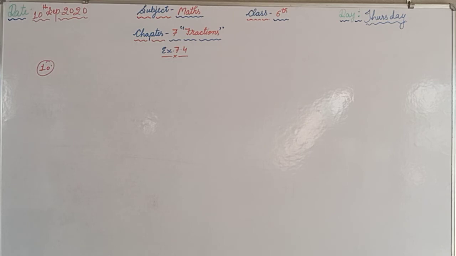And question number 10 is, in a class A of 25 students, 20 passed with 60% or more marks. In another class B of 30 students, 24 passed with 60% or more marks. In which class was the greater fraction of the students getting 60% or more marks?